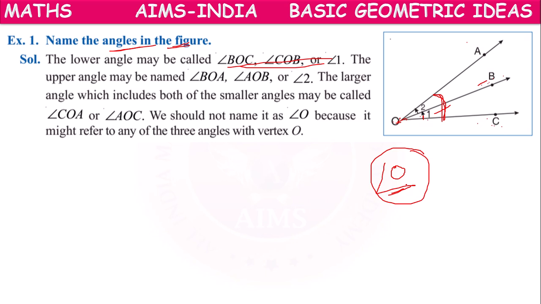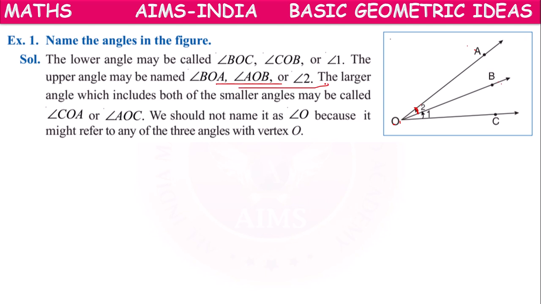Next. Angle O means angle 1 plus angle 2. It can be named as angle 3. Next, this upper part: BOA, AOB, or angle 2.